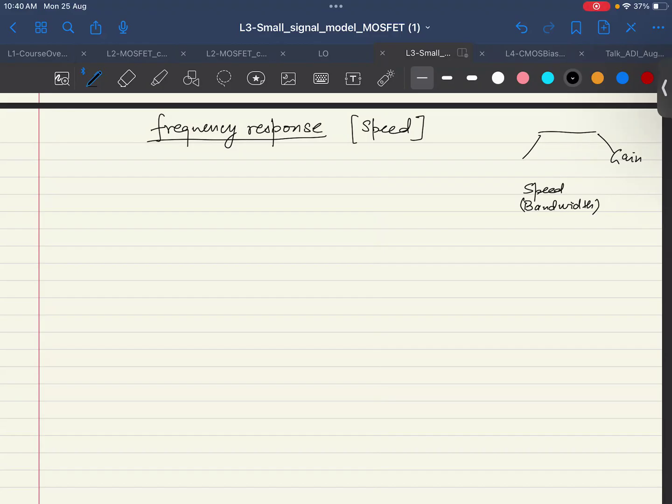So let's first understand what is the speed, right, and why in these circuits, which are typically, now we are looking at the MOSFET-based circuits. So where is this speed limitation coming from? So you saw that we had this MOSFET, which we described for our amplifier action.